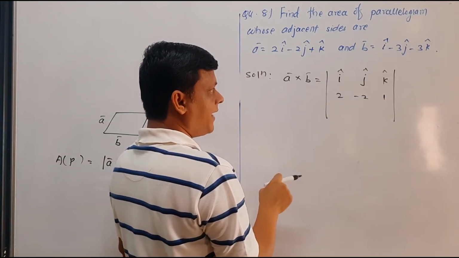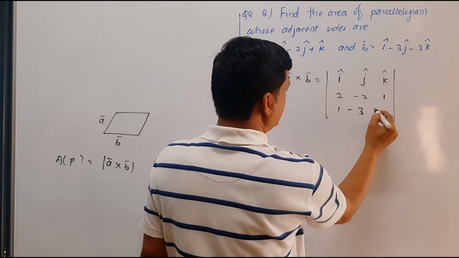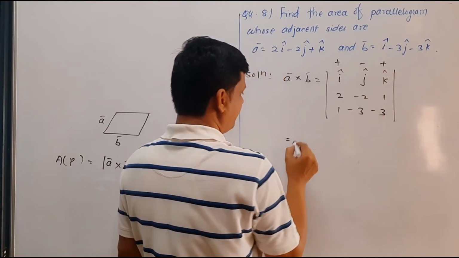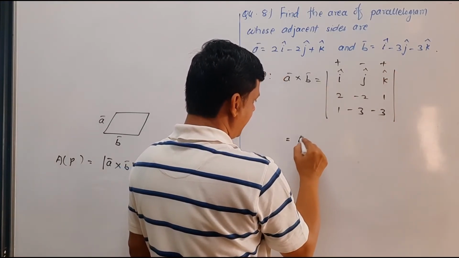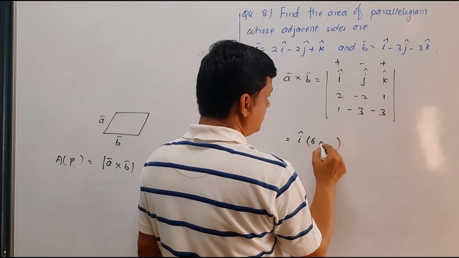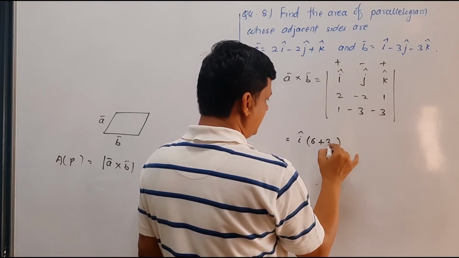Then the coefficients of ijk of vector B: 1, minus 3, minus 3. So calculate this determinant. So we write here i cap into minus minus plus 2 into 3 is 6, minus, again minus minus plus, so we write here 3 into 1, 3.